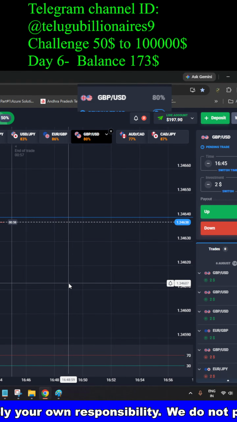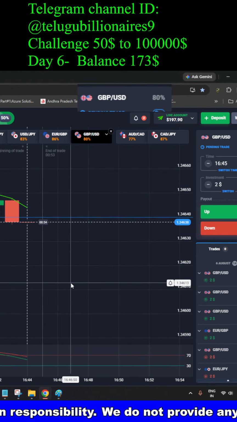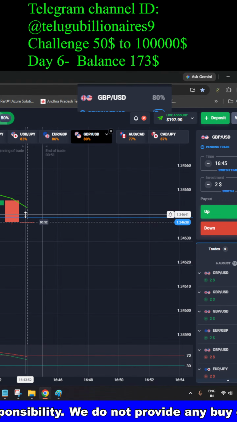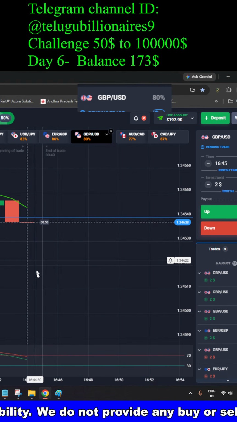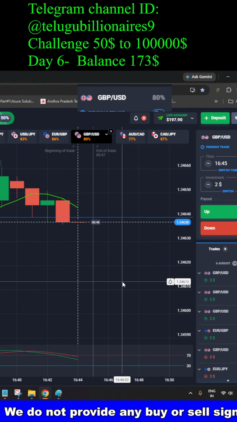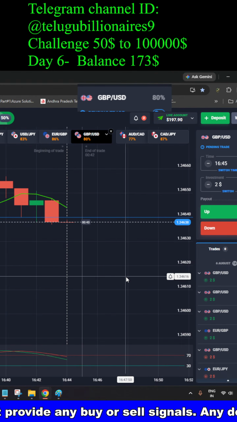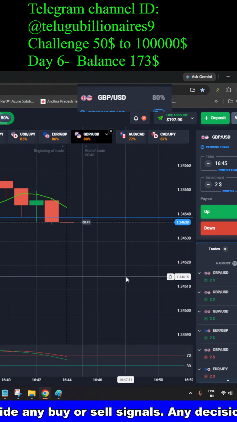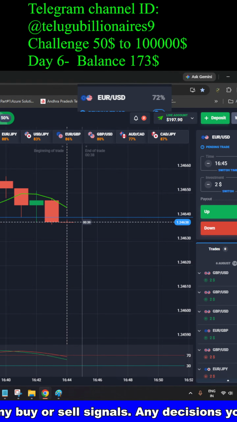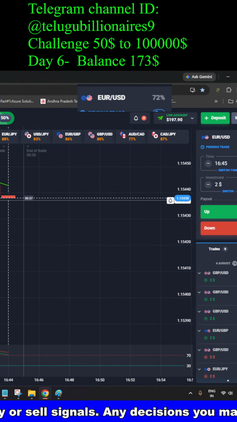We need margin entry here. Come on, give me a chance. No movement, yeah. What happened? This is not closed.